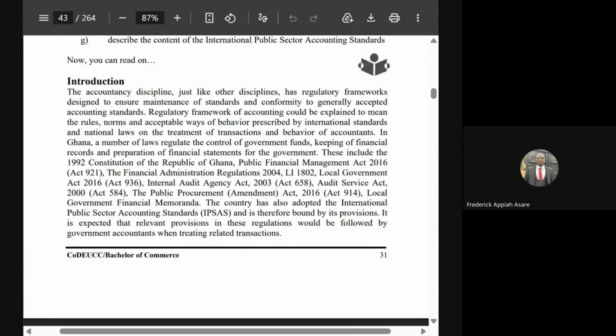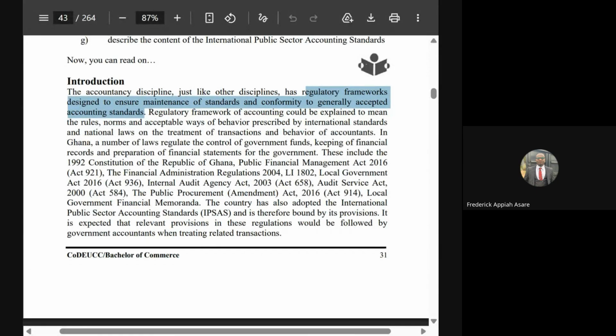So as I said, accountancy is similar to other disciplines where they have regulators designed to ensure the maintenance of the standard and the conformity of generally accepted accounting standards. So these people will just be there.